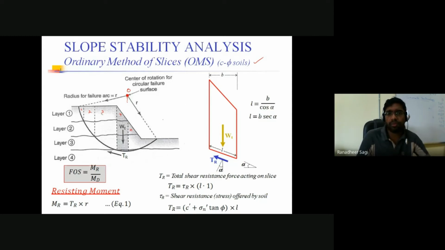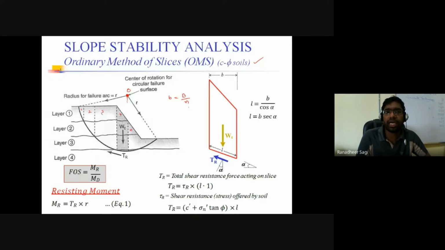Now, in case I consider the width of each element to be the same, then the width of each slice is the total width of the slope which is undergoing failure divided by n.